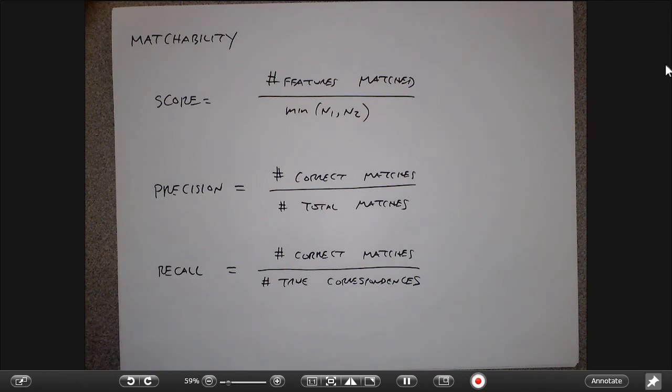Suppose I know, from my previous slide, that I had 150 potential matches, and my detector found 10 total matches. Even if all those 10 were correct, the fact that it only found 10 out of 150 possible ones means it's not very good. So you typically see these curves of precision and recall, and obviously I want both of these to be high for the descriptor to be good.